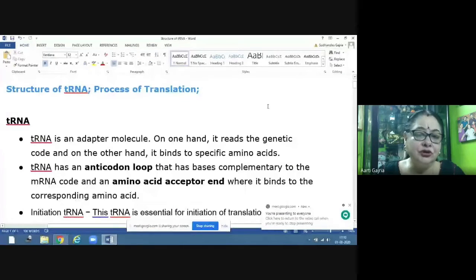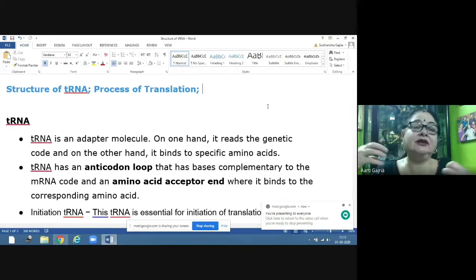Now, before understanding the process of translation, we should learn the structure of transfer RNA. Because transfer RNA plays a very important role in bringing the required amino acids for the process of protein synthesis.